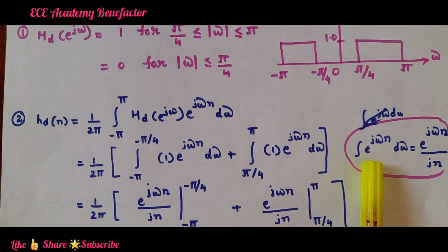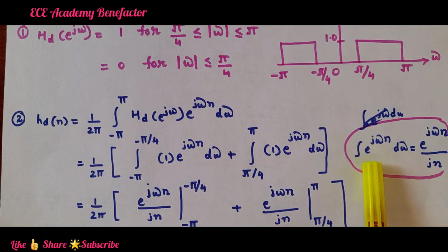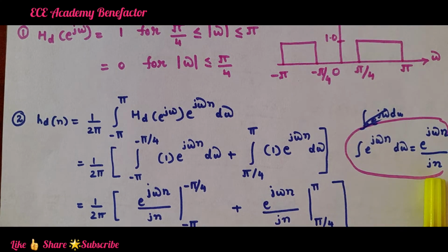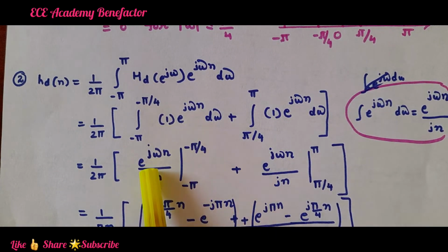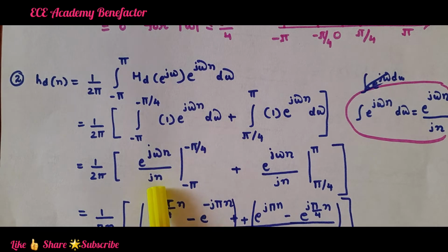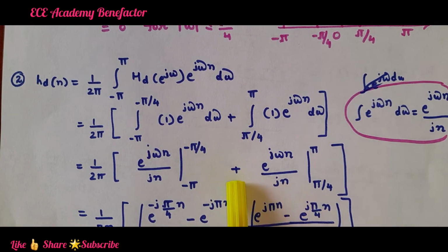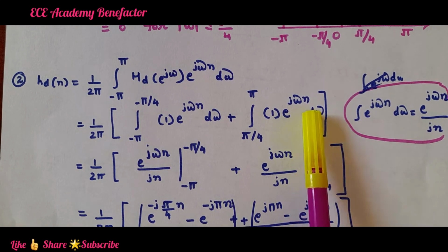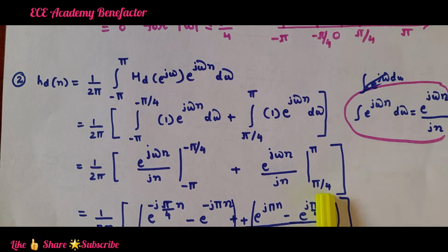We know that we are integrating this term with respect to omega, so it will come as e to the power j omega n by jn. That is written here: e to the power j omega n by jn, with limits from minus pi to minus pi by 4, plus e to the power j omega n by jn with limits pi by 4 to pi.